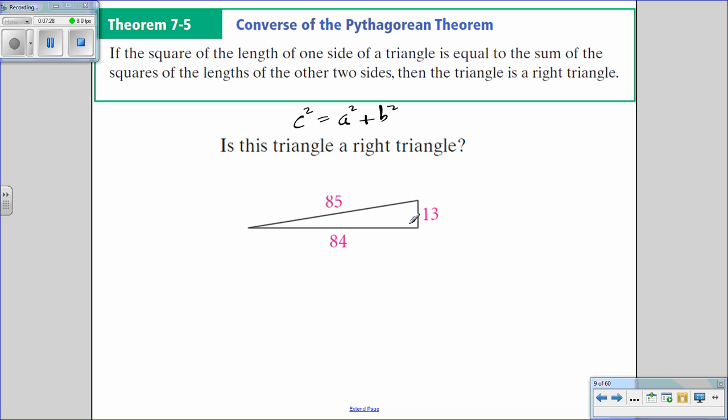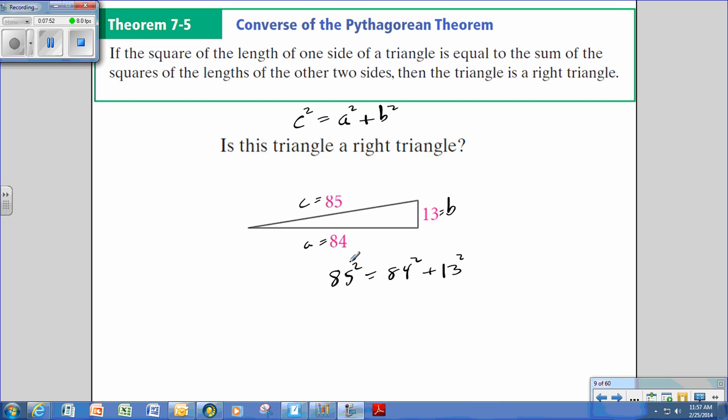Now, this is potentially my right angle. 85 is bigger than the rest of the numbers, so this is my c. And the other two are going to be the a and the b. So I'm going to plug that into the calculation here. That's 85 squared equals 84 squared plus 13 squared.